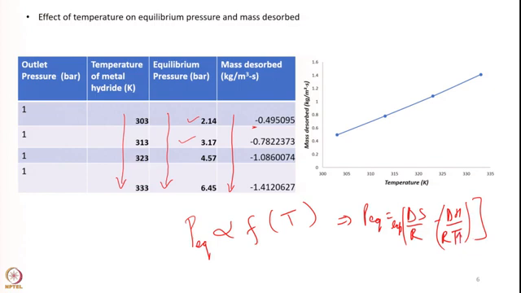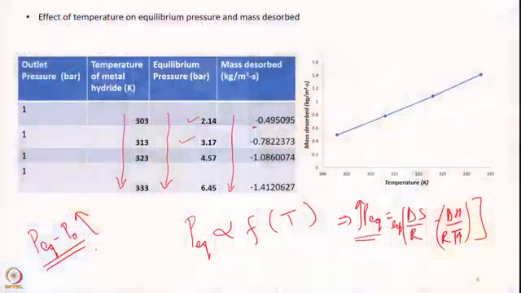So when the temperature is increasing, this equilibrium pressure also goes on increasing. If this equilibrium pressure is increasing, the main driving force, which is P equilibrium minus P0, continuously goes on increasing. With this increase in the driving force, the amount of mass desorbed also continuously goes on increasing. This is very important when we want to design a metal hydride reactor for particular cases.